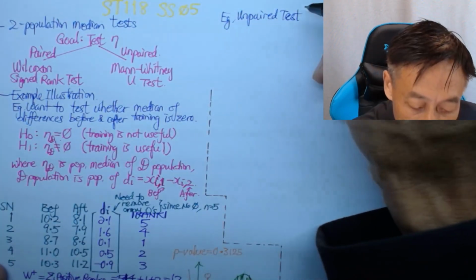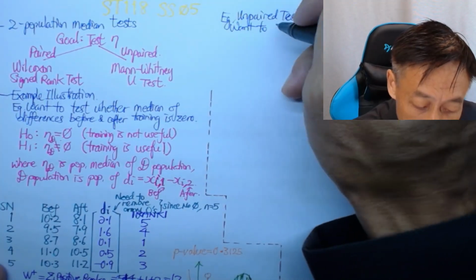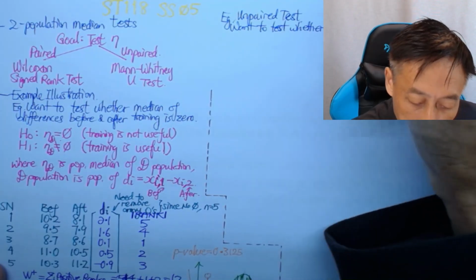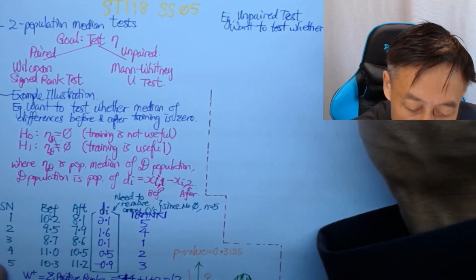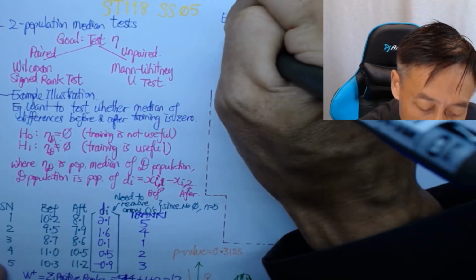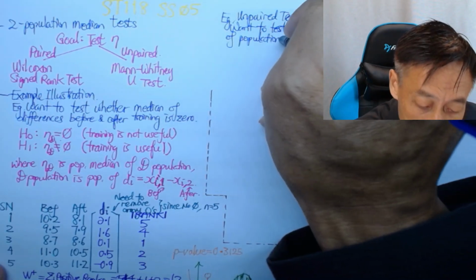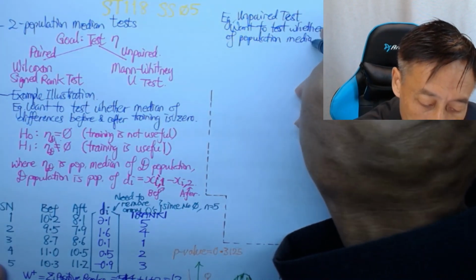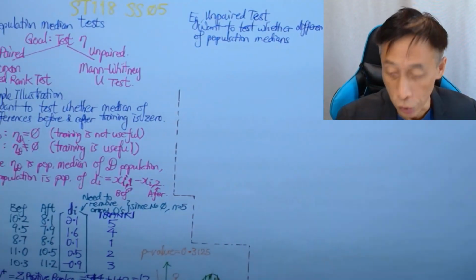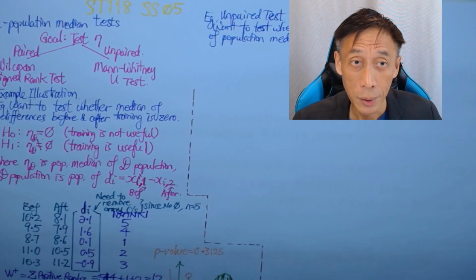So we want to say something like, want to test whether the differences of medians, right? Of basically population medians are population medians. Now let me move myself so that you can see what I've written.